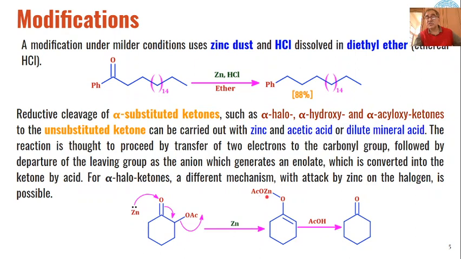So zinc acetate is formed, and this type of intermediate is formed, and on hydrolysis in presence of H ions, which may be in terms of acetic acid or dilute mineral acid, it will be converted into cyclohexanone as the product.